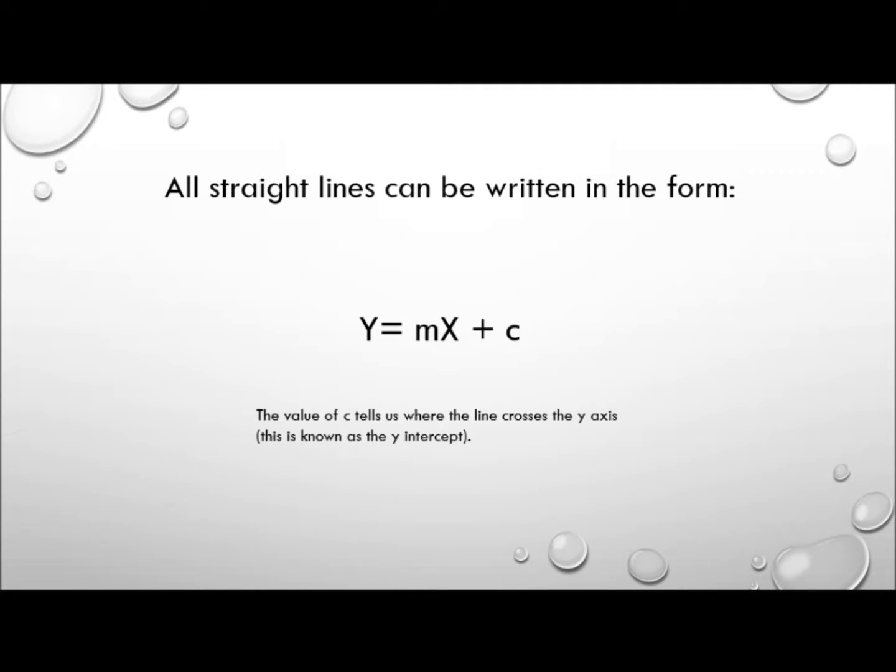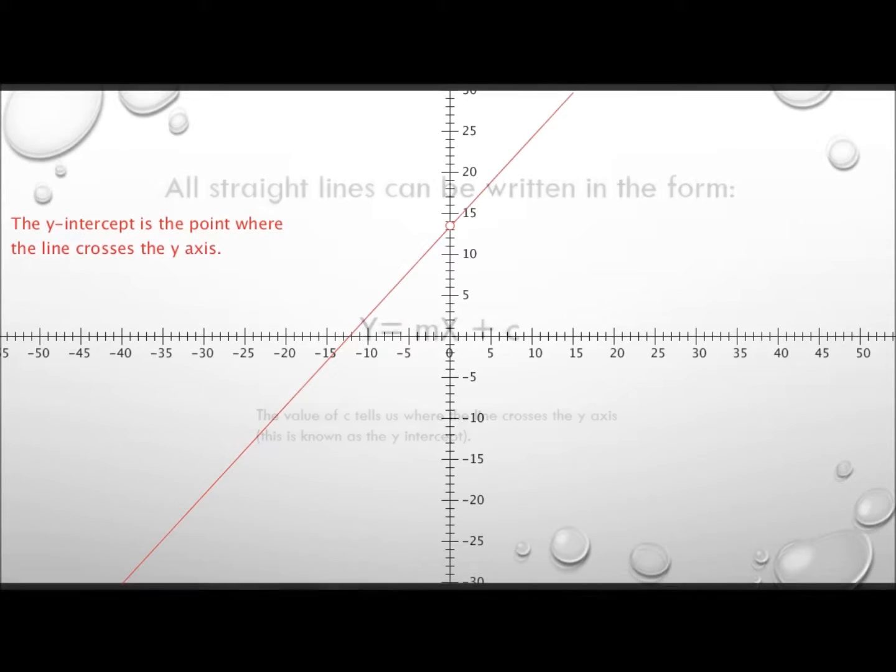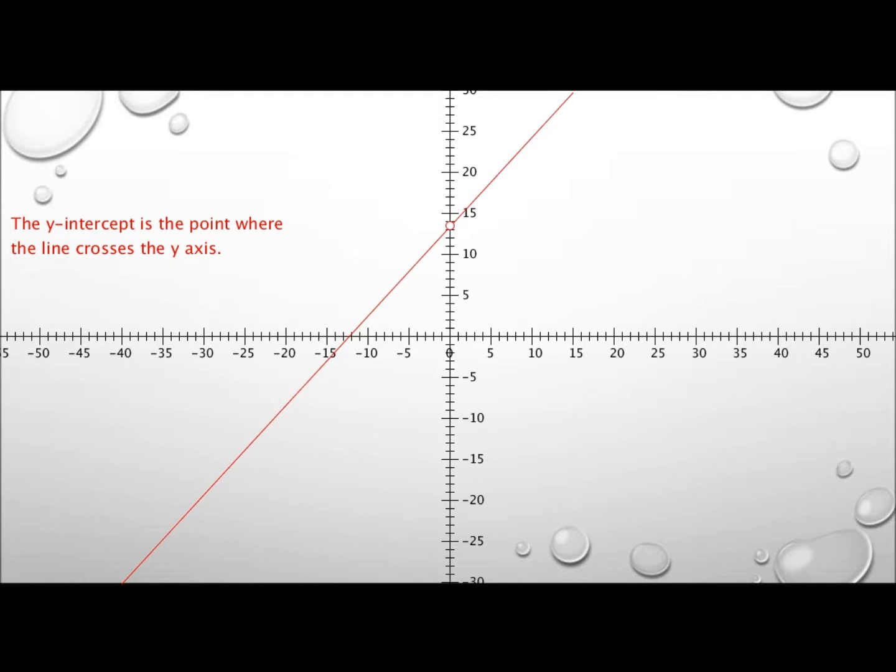This is also known as the y-intercept. The y-intercept is the point where the line crosses the y-axis. We can read the y-intercept directly from the graph. We can measure the slope by dividing the change in y by the change in x of any 2 points on the line.